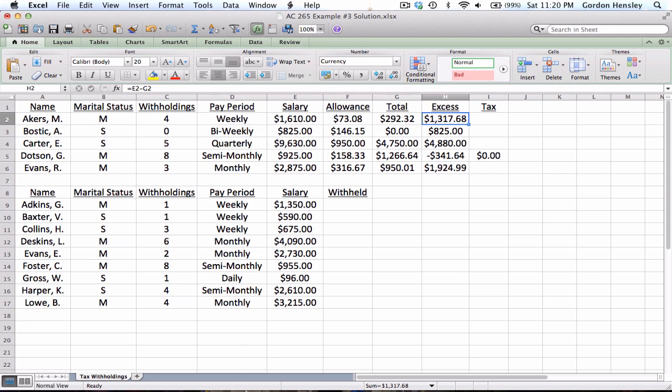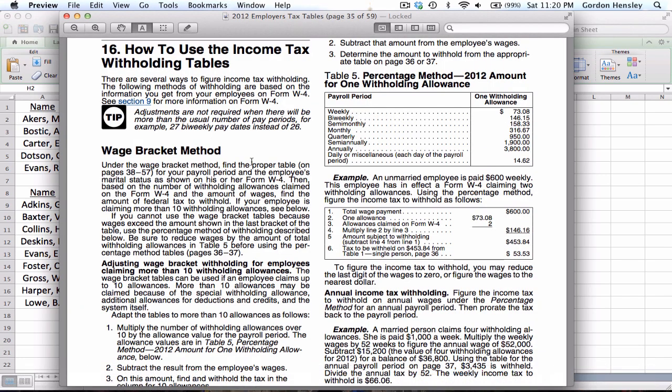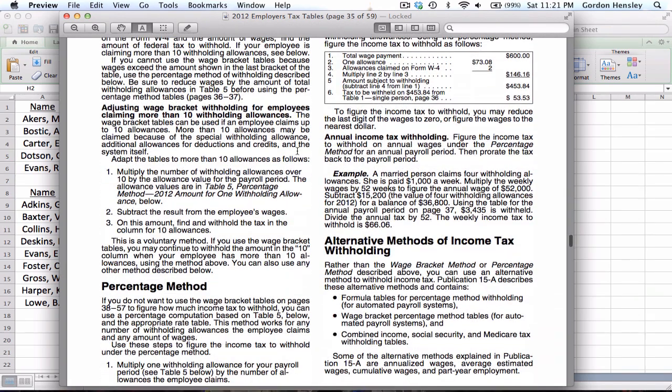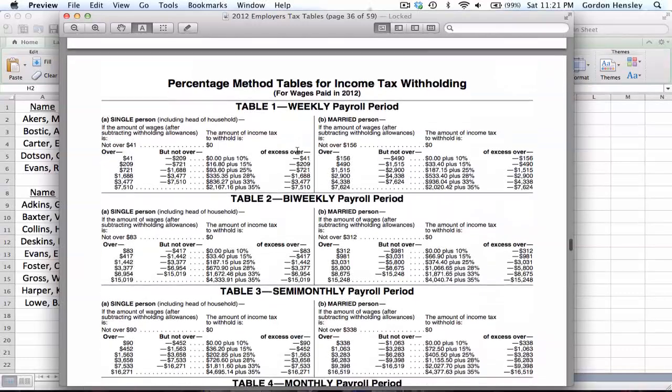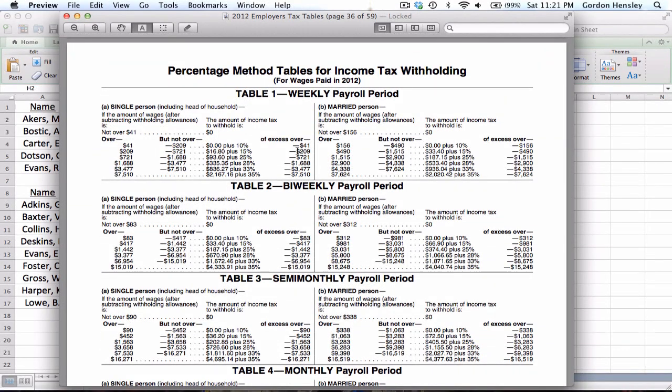Now where's the information that I need for that? Well, going back to my document, like I said, this was my table that I used for my withholding allowances. If I scroll on down, the next 2 pages, this is my information that I need for the percentage method. These are my percentage method tables. Now there's 2 pages.